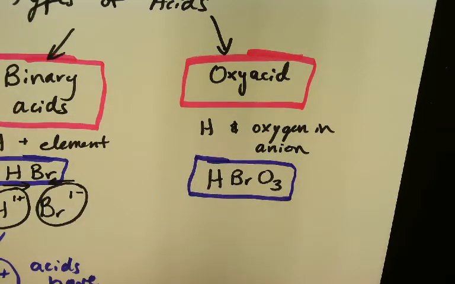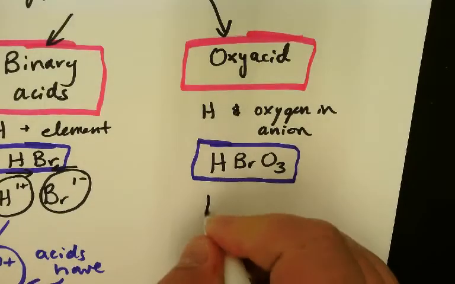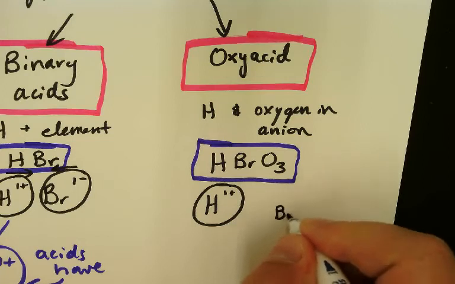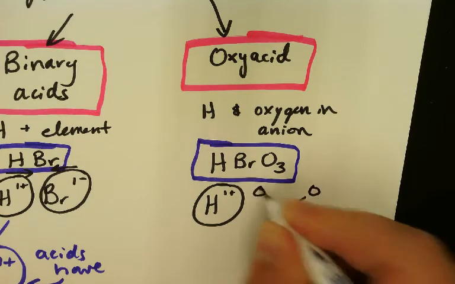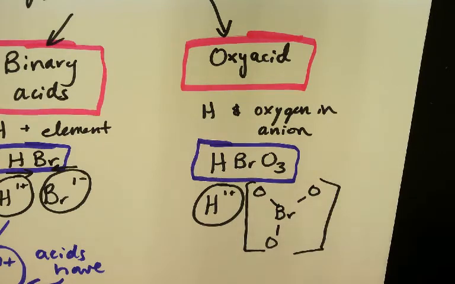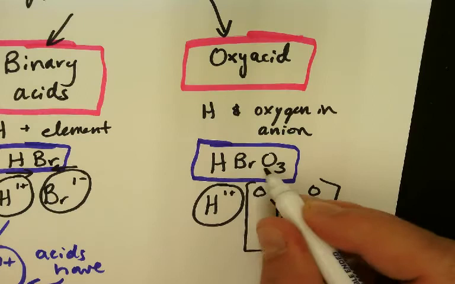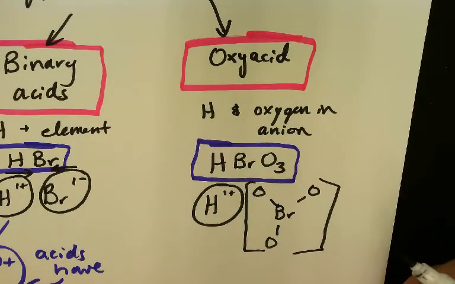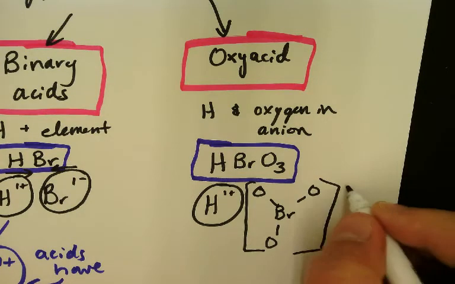and if we're going to draw the model of that, what would we have? We'd break it up into its cation, and then we'd have the anion. And remember how we talked about how the oxygens don't like each other, so they're going to be as far apart as possible. Then what charge does this have? What does BrO3 have on your ion sheet? 1 minus.